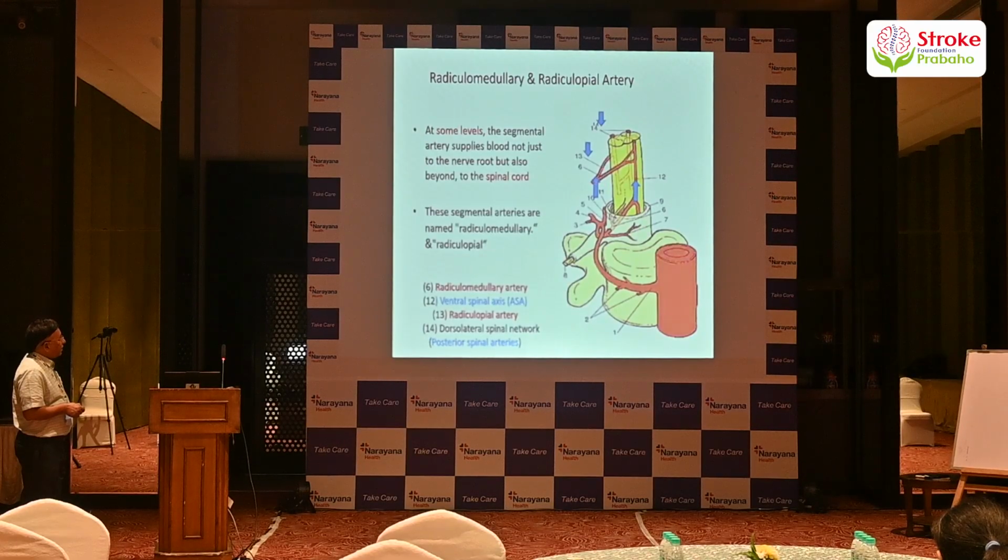At the same time it gives branches to the posterolateral part of the spinal cord. So they are called radiculopial arteries. So we know that there are two radiculopial arteries and one ventral spinal axis. So one anterior spinal artery and two posterior spinal arteries. So this is about the radiculomeningeal artery, radiculomedullary artery and radiculopial artery.